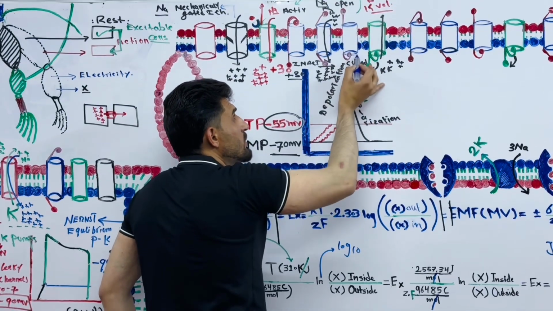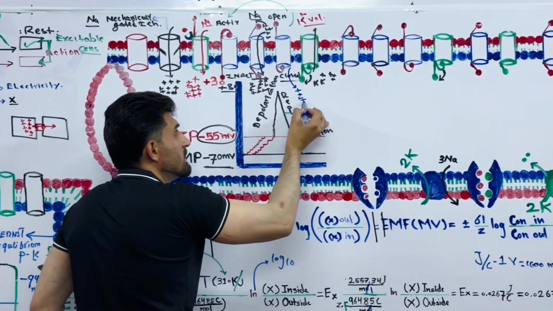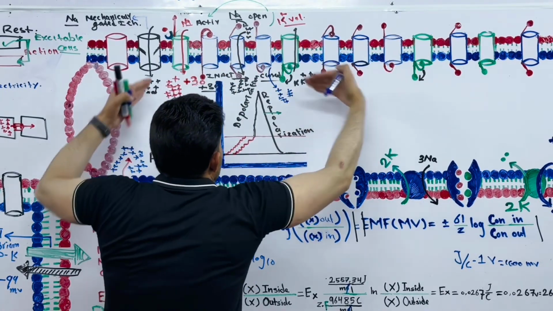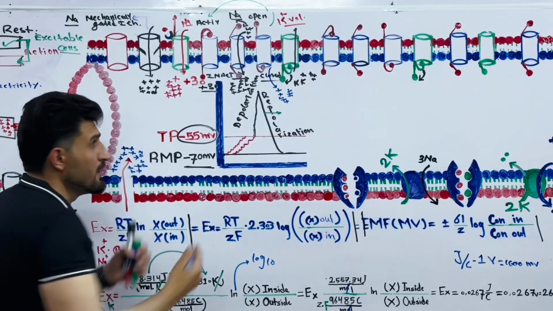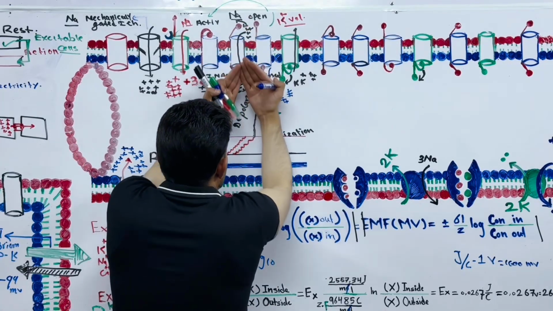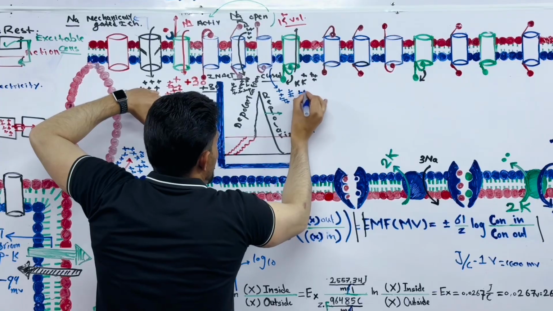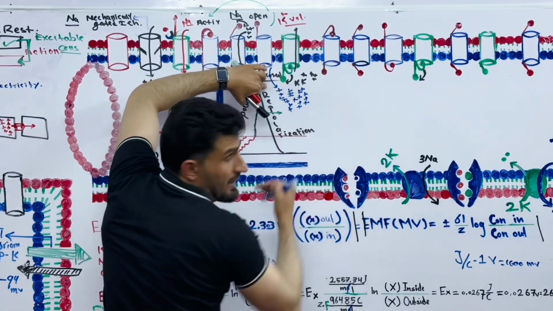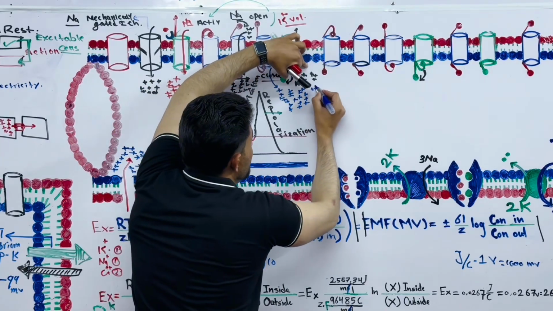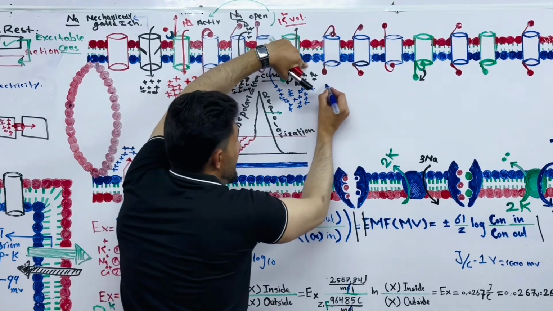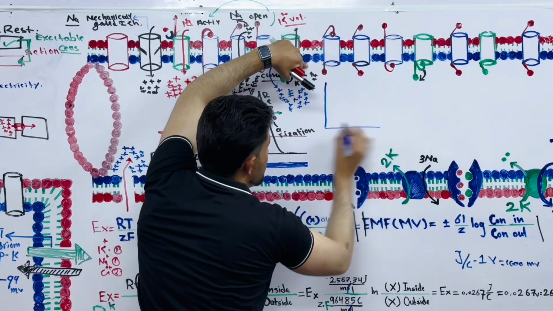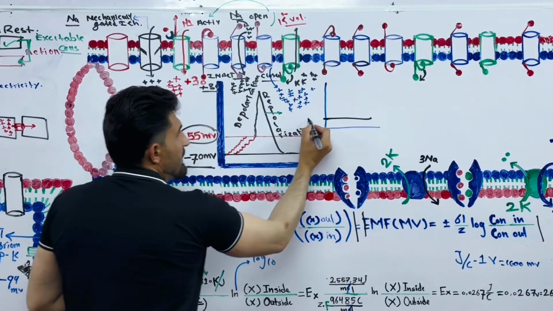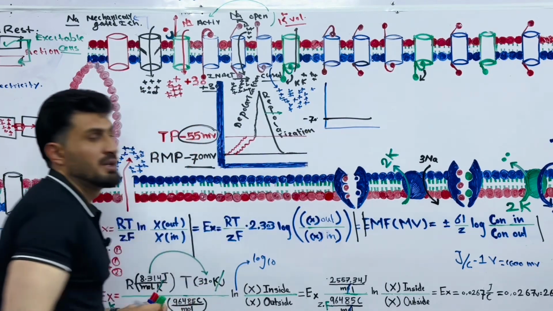When a lot of these positive charges enter, they will flow to the next area also. For example, they will flow from this area to this area like this, and when they flow to the next area, they will stimulate it. This next area is at rest, around negative 70 millivolts.